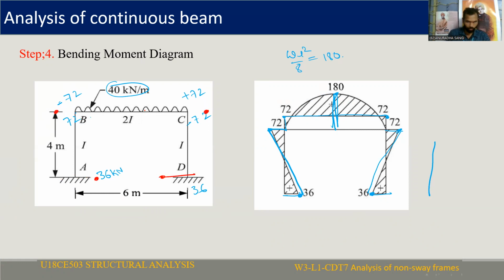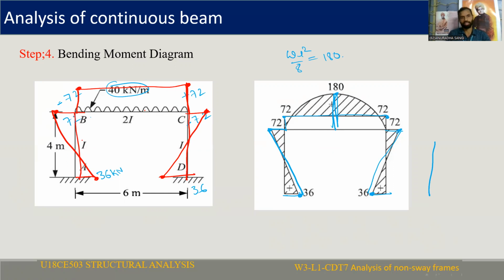Just join these two. After that, here we have negative 72. This is the hogging bending moment. Here is also 72. Just join these two. So this is the variation of the hogging bending moment diagram.